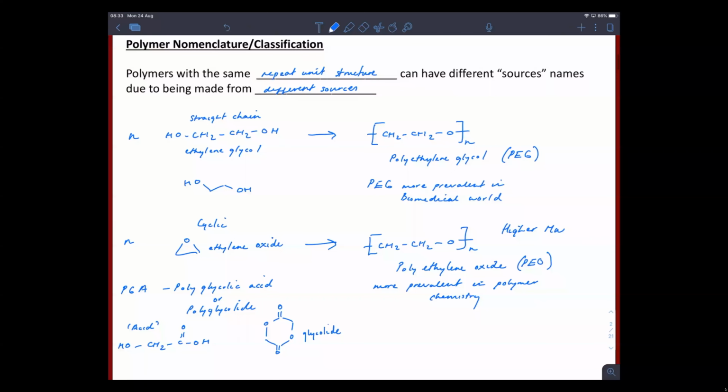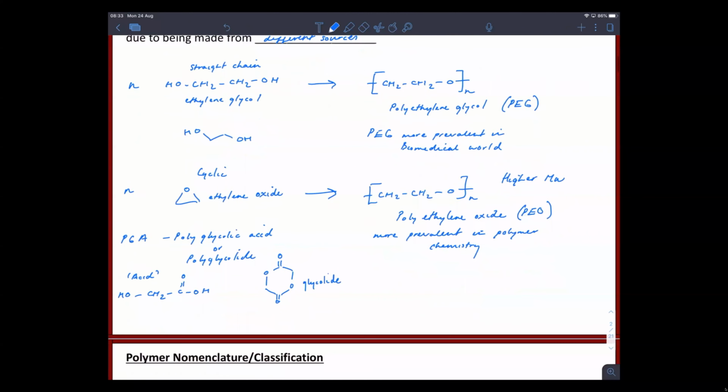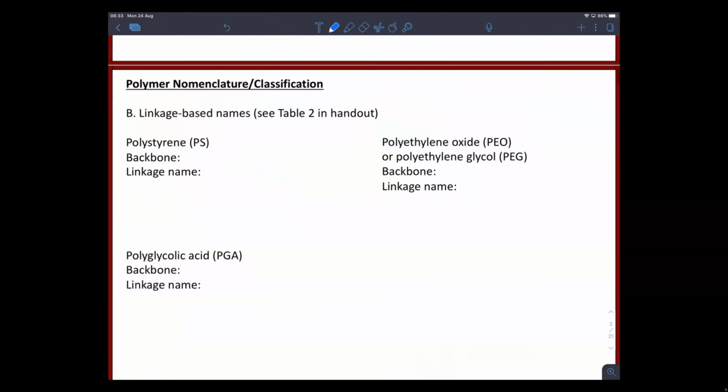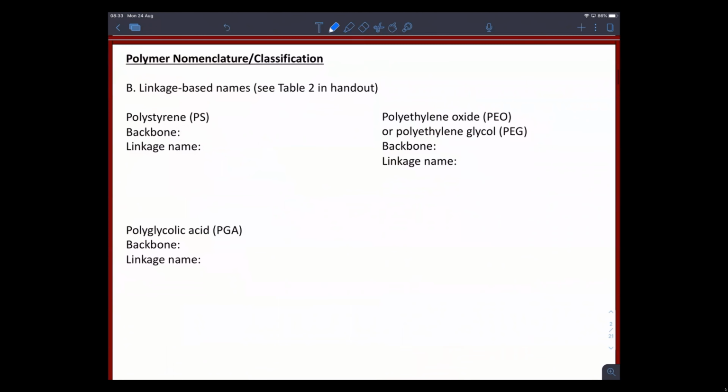Okay, good. So you can see that the end naming is defined by the monomer that we used. Then there are linkage-based names. So we're really talking about the structural group, the functional groups coming together to form a linkage. In the case of polystyrene, the linkage between the polymers would be just what we call a vinyl linkage.